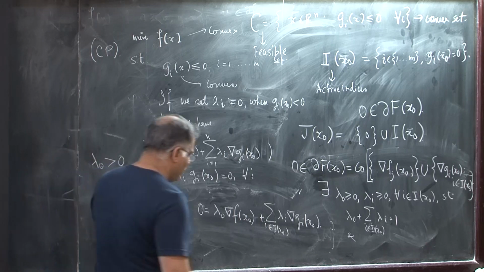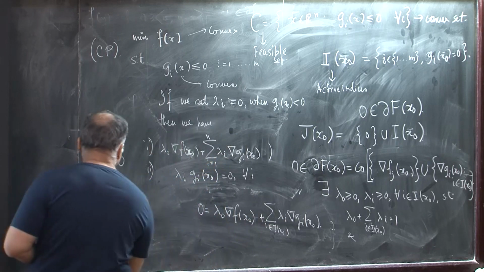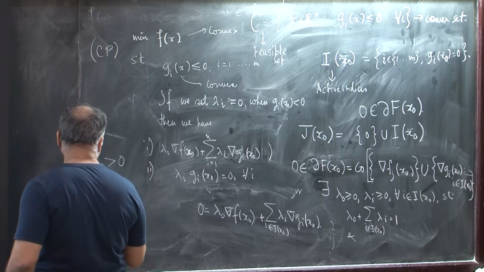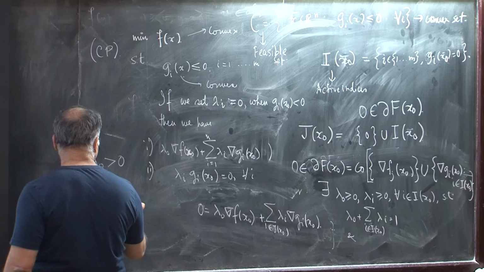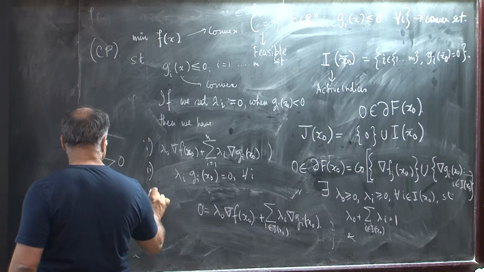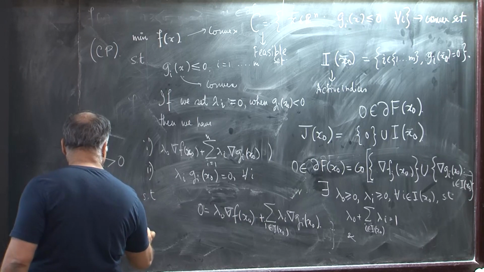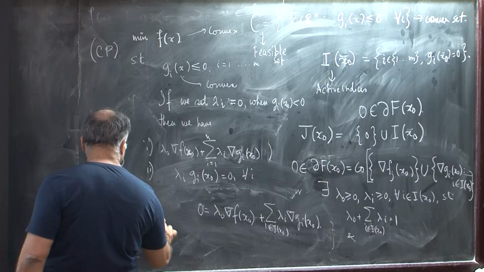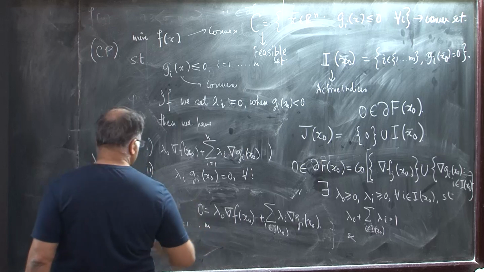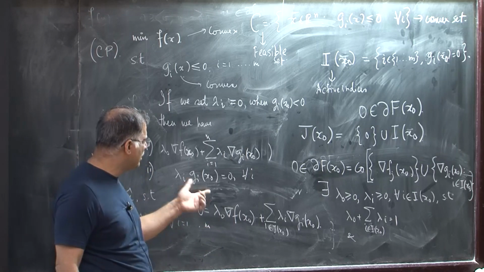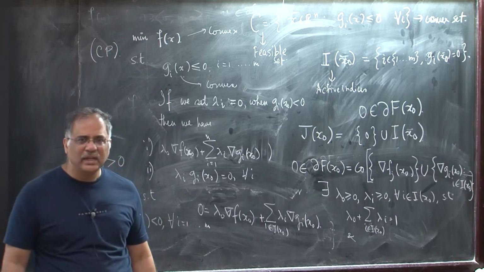This can be achieved, and this is also an exercise. I think the last exercise would be this: if there exists x hat such that g_i(x hat) is strictly less than 0 for all i equal to 1 to m, then I can show that lambda naught can never be 0.